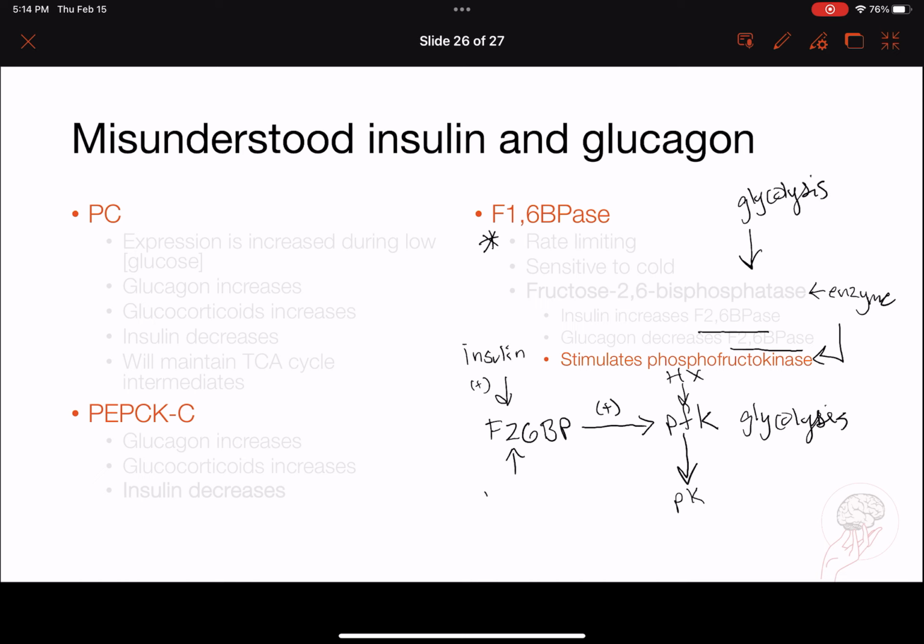Glucagon is going to decrease it. And it acts in opposition to fructose 1,6-bisphosphatase.